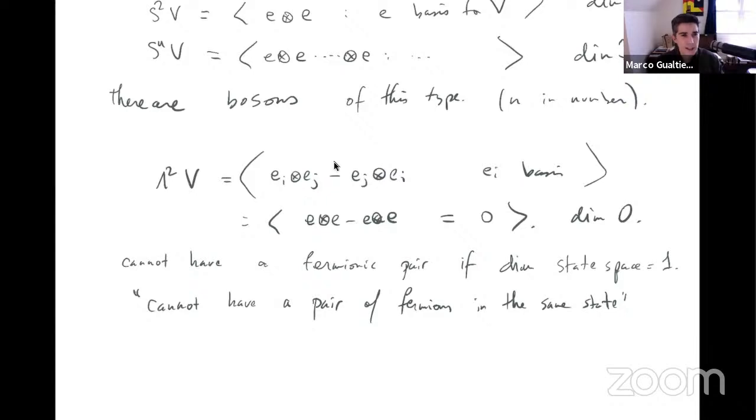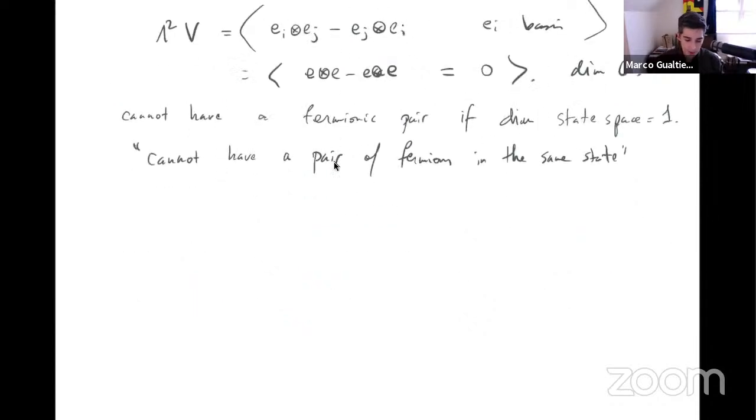So whatever that state is, right? For example, another example, suppose that V is C^2, our favorite quantum system, the switch, the qubit.